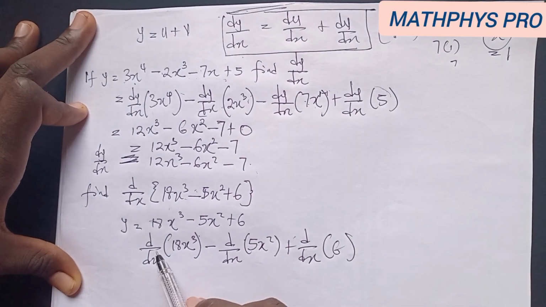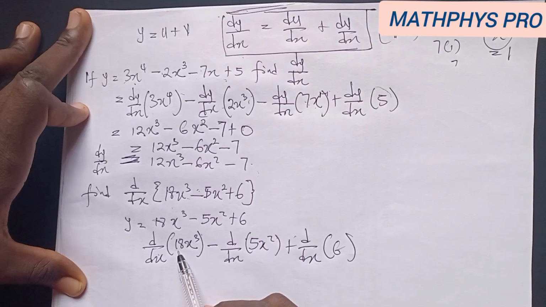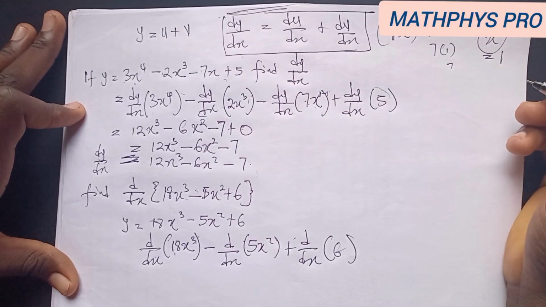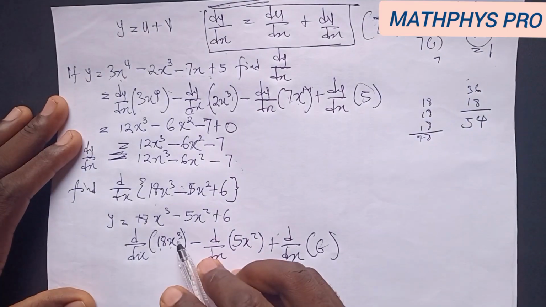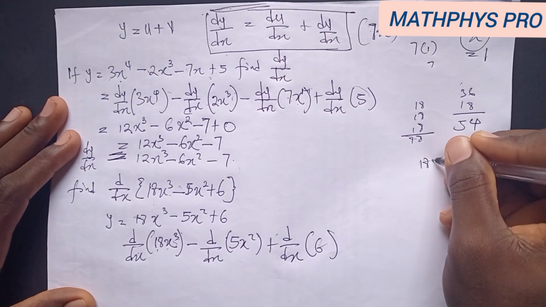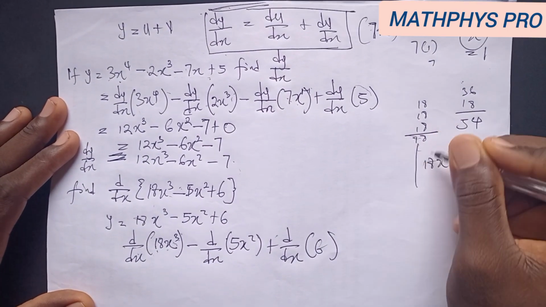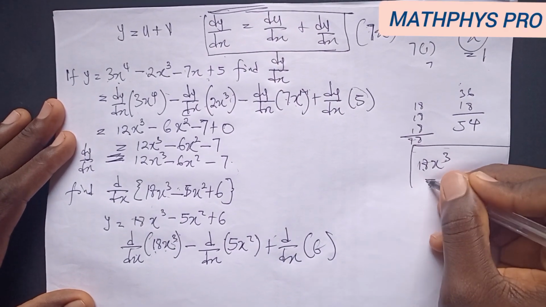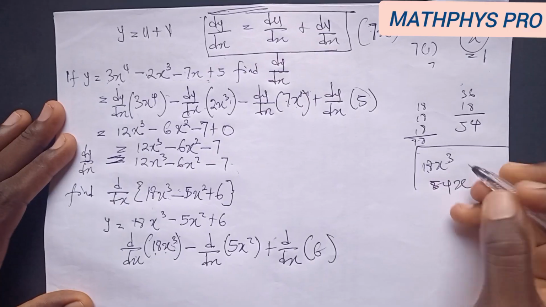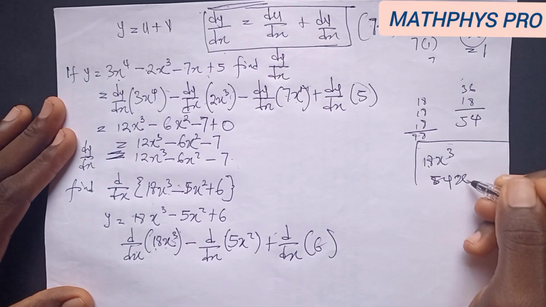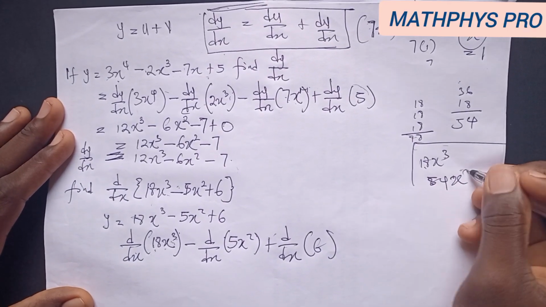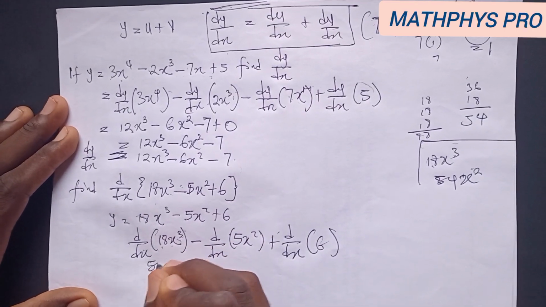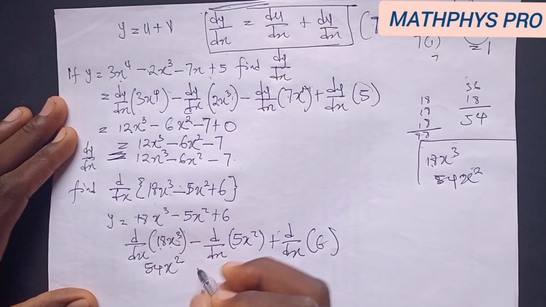Now if you look for the derivative of 18x cubed, 3 times 18 gives you 54x, and 3 minus 1 gives you 2, so this gives 54x squared.